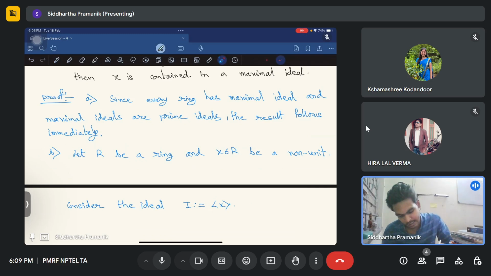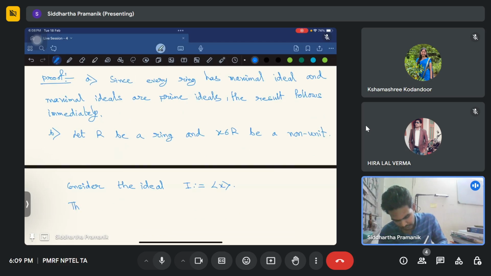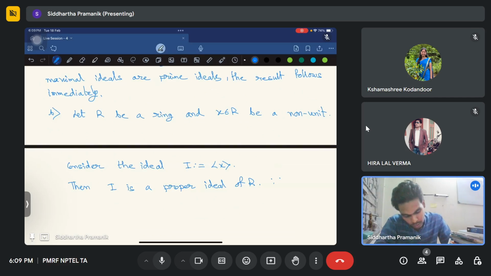Now since x is a non-unit element, the ideal generated by x cannot be the whole ring. So that means I is a proper ideal of R because x is non-unit. Now I is a proper ideal, so R mod I is a non-zero ring.